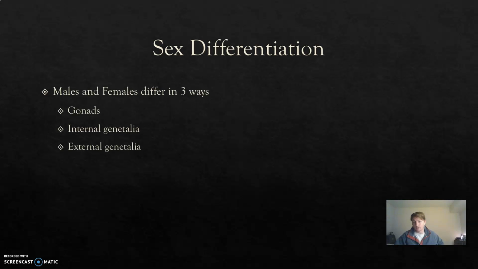That's the internal genitalia, which we'll get into. It's the tubular organs that develop in the fetus that are not the gonads or the external genitalia. The external genitalia consists of essentially the vagina and the penis. And we'll get into that more fully here in a second.